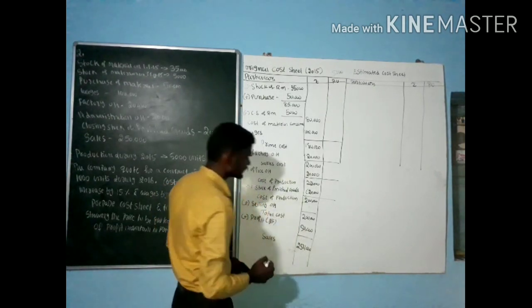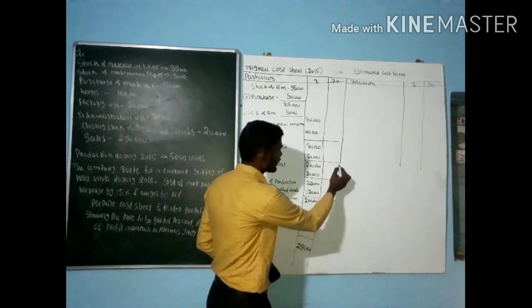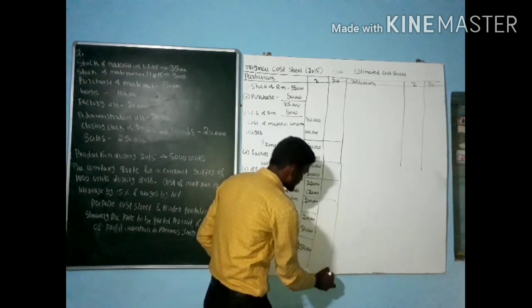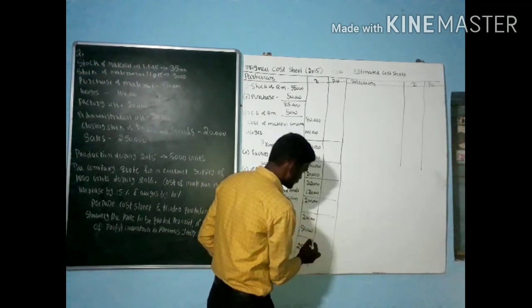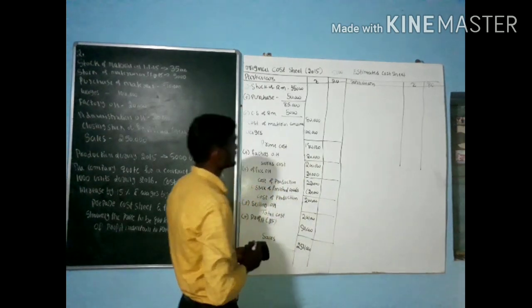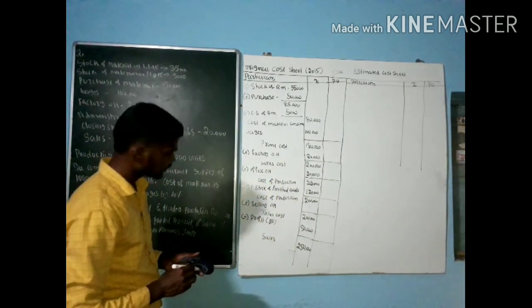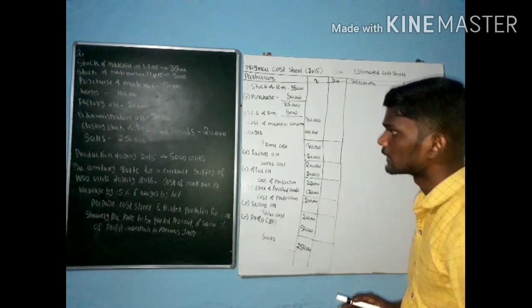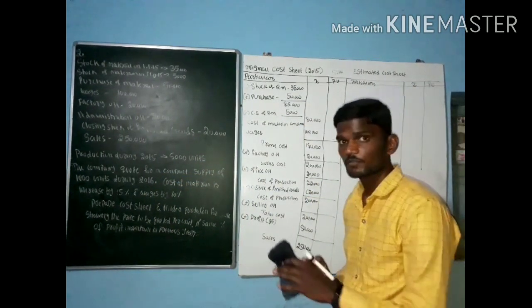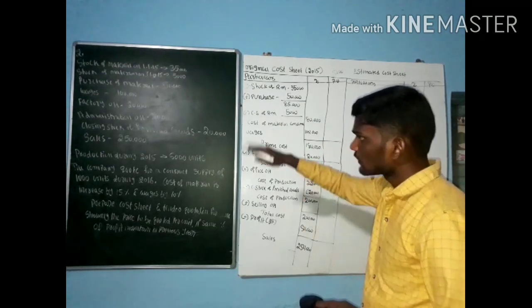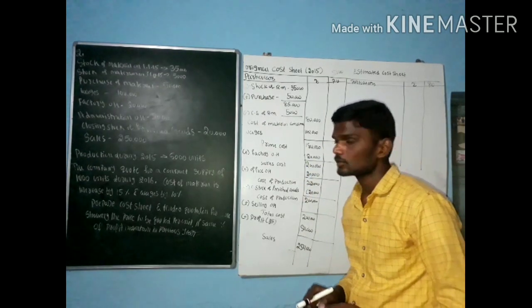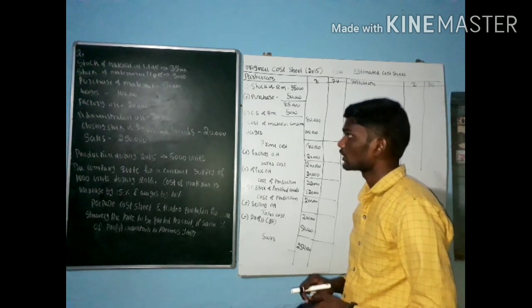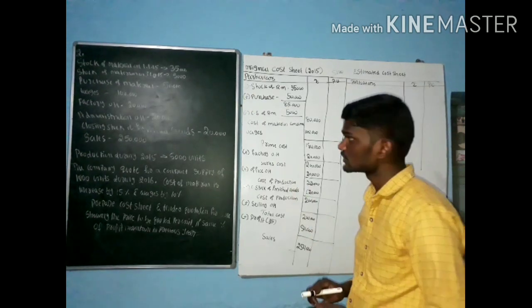So total sales value is 2 lakh 50,000. Now I need to identify selling price for this. When it comes to selling price, whichever the problem is given any kind of sale value, like they produced how many units here? 5,000. Check whether the information is given on any kind of sale, how many units they sold, at what value.